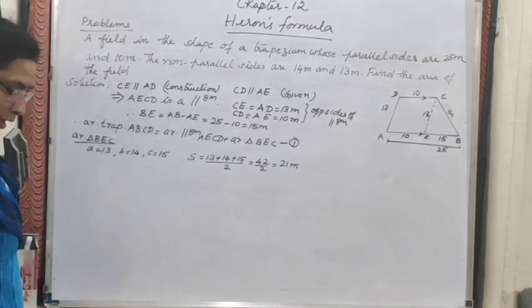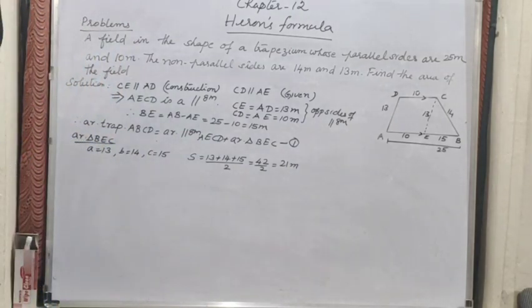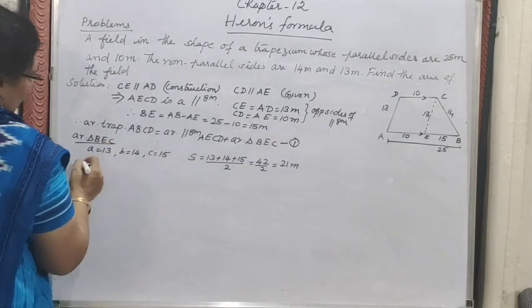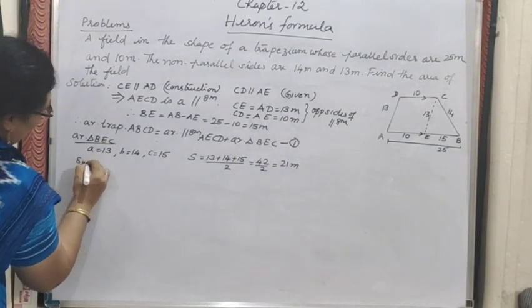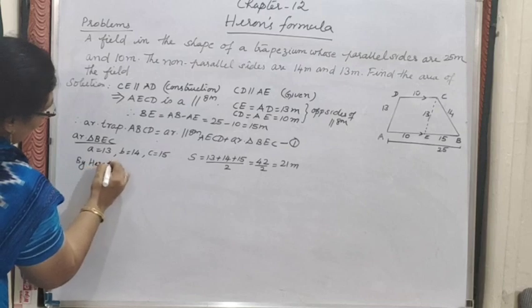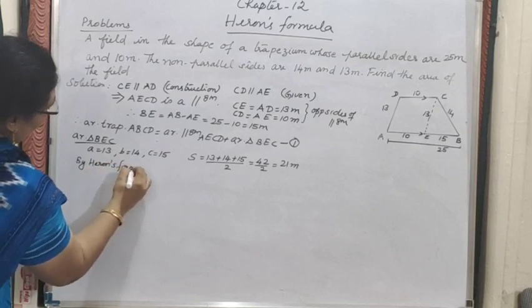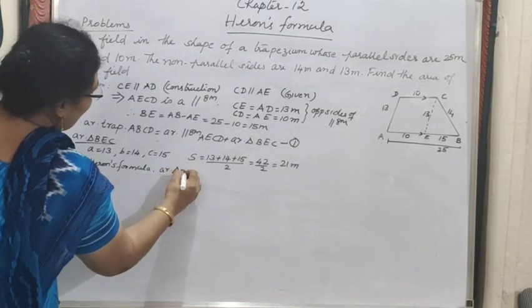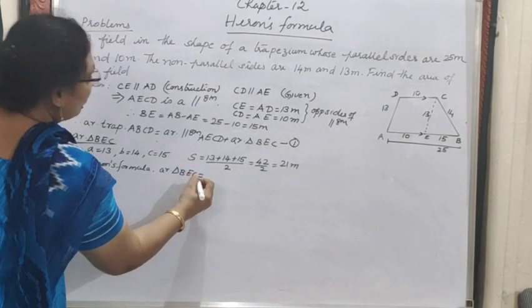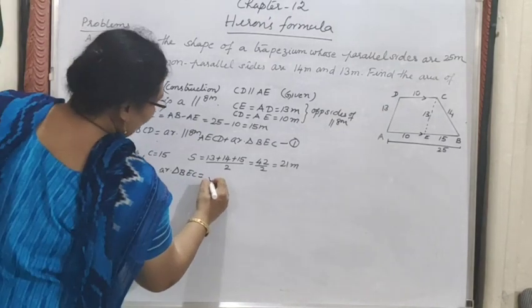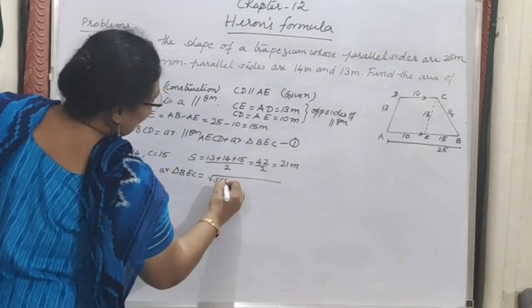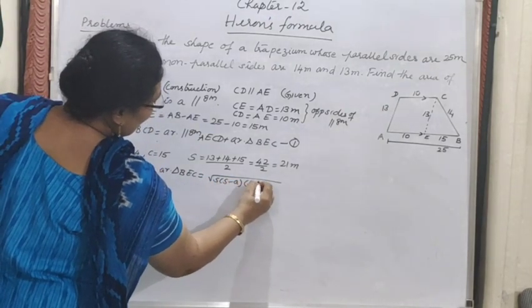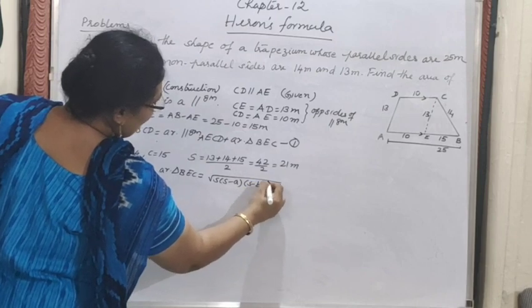Now we have calculated the semi-perimeter. The semi-perimeter is 21. Now by Heron's formula, area of the triangle BEC equal to root of s into (s minus a) into (s minus b) into (s minus c).